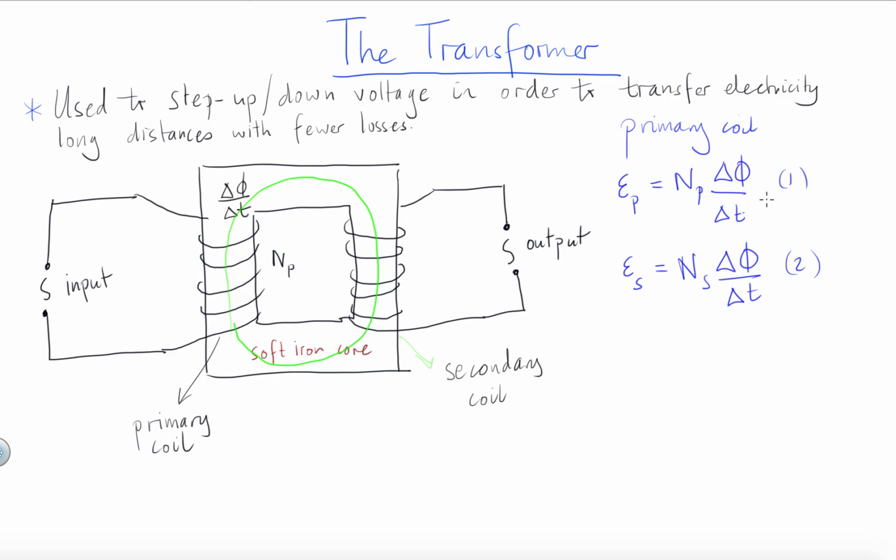So by substituting, I can divide equation 1 by equation 2, because this is a system of simultaneous equations. I get epsilon P over epsilon S equals NP delta phi over delta T divided by NS delta phi over delta T. And the delta phi's over delta T's cancel.